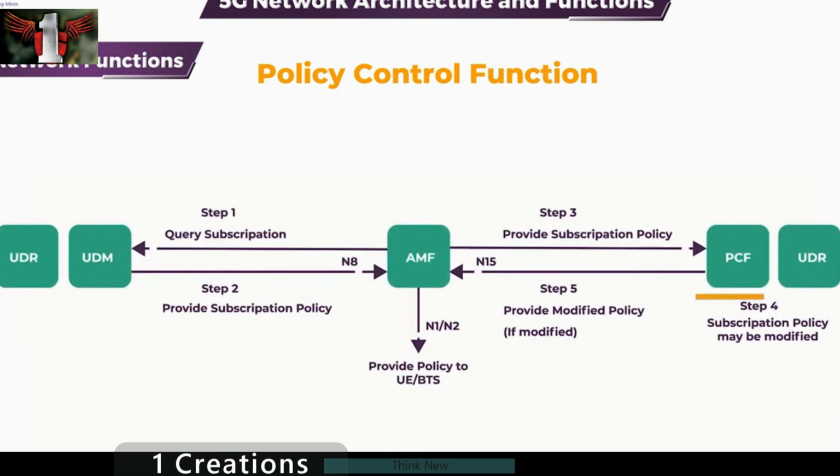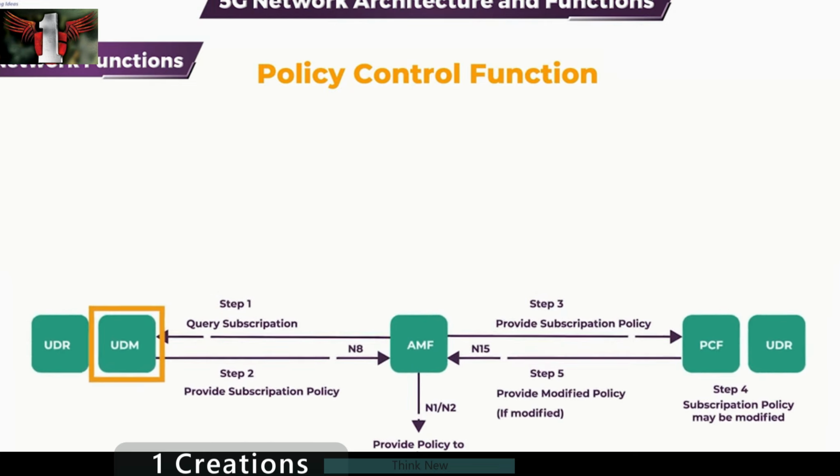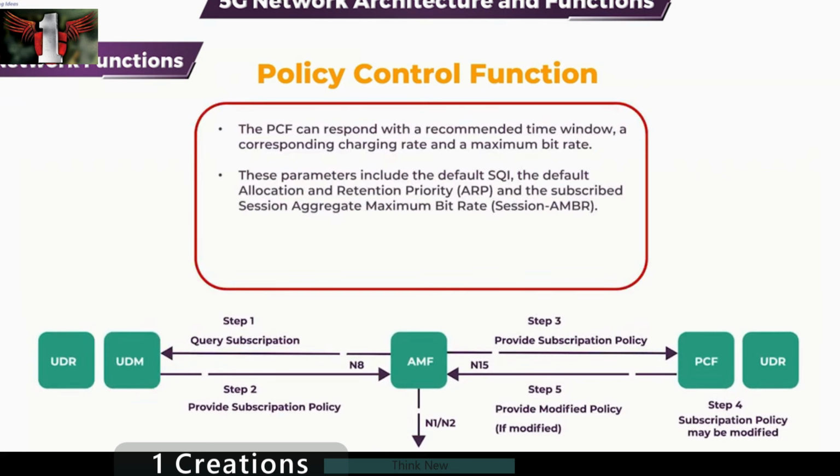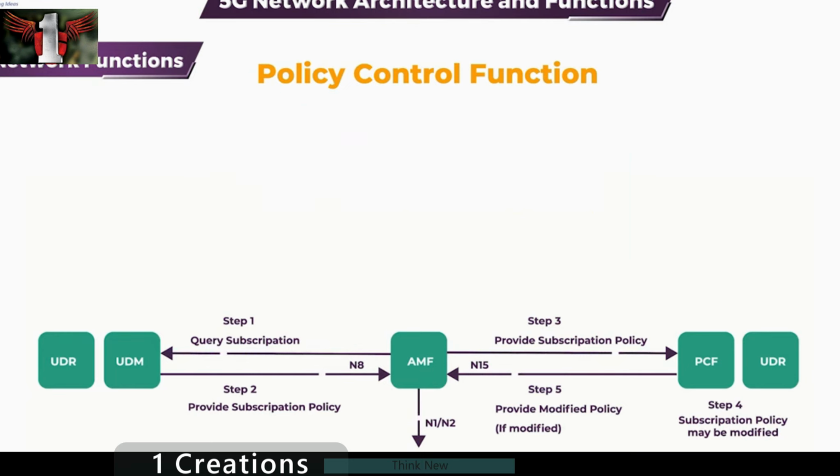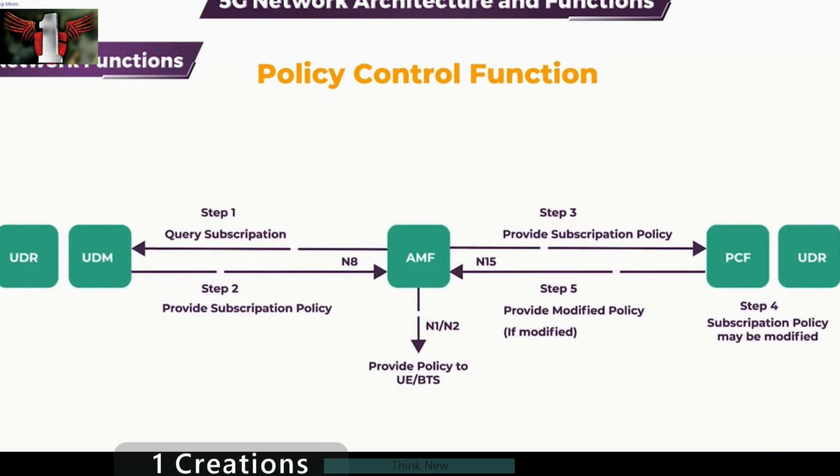The PCF interacts with the SMF during the establishment of a PDU session. The SMF retrieves QoS parameters from the Unified Data Management network function. These parameters include the default 5QI, the default allocation and retention priority, and the subscribed session aggregate maximum bitrate. The SMF subsequently provides this information to the PCF.